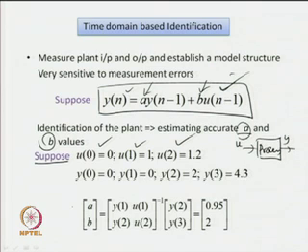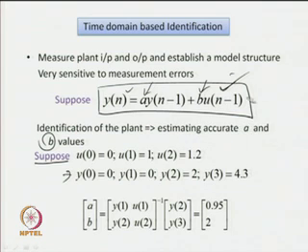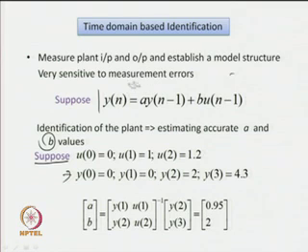The corresponding outputs for the set of inputs be y(0) = 0, y(1) = 0, y(2) = 2, y(3) = 4.3. So, with the set of inputs and outputs measurements, it is possible to estimate the model parameters A and B.